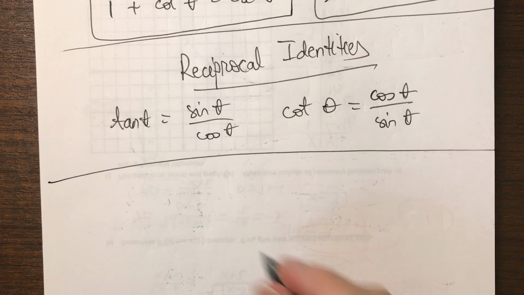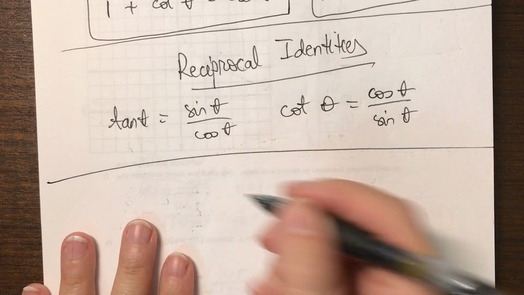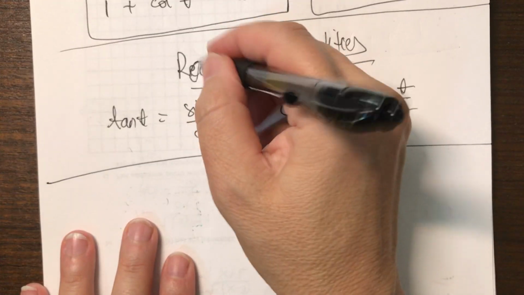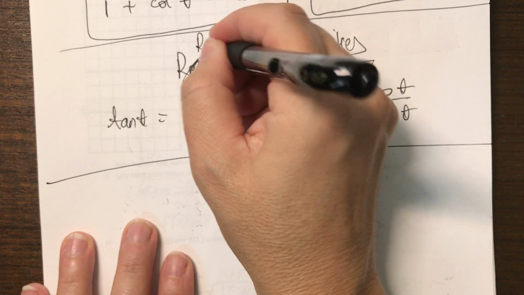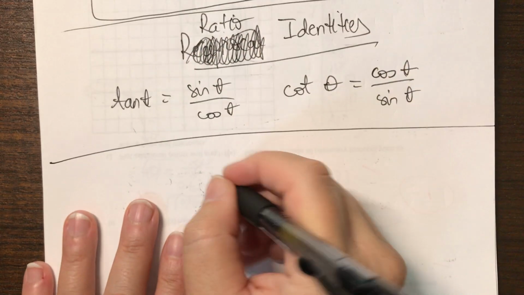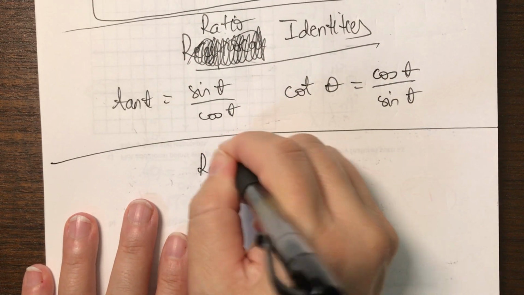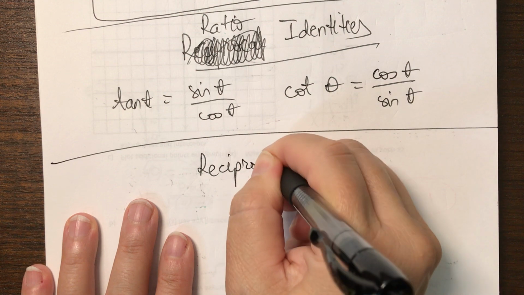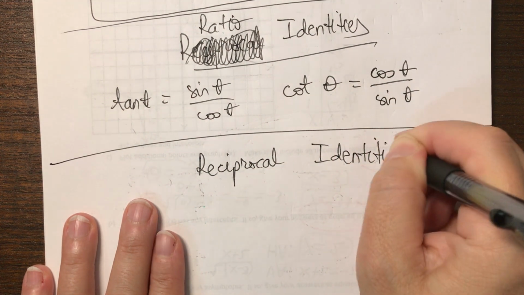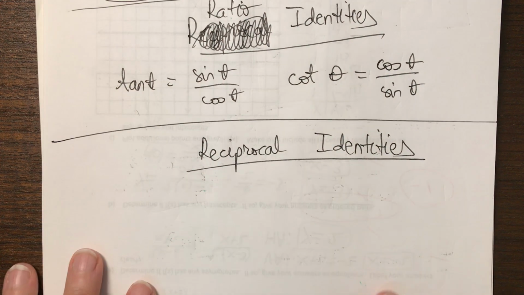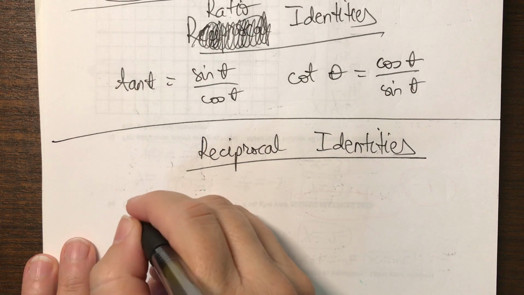And finally, here are the reciprocal identities. The reciprocal identities were the fact that what?